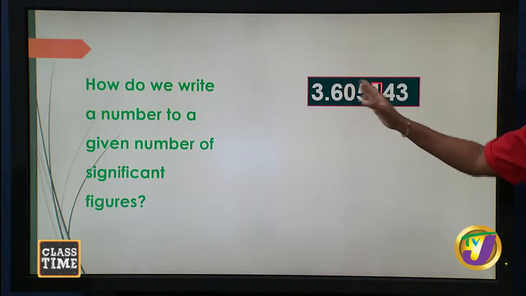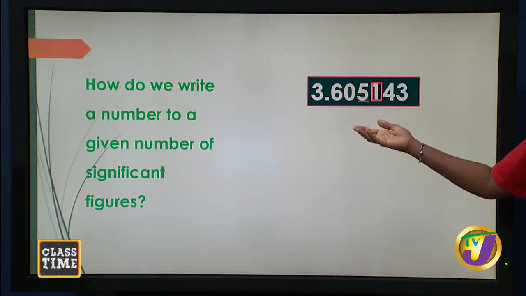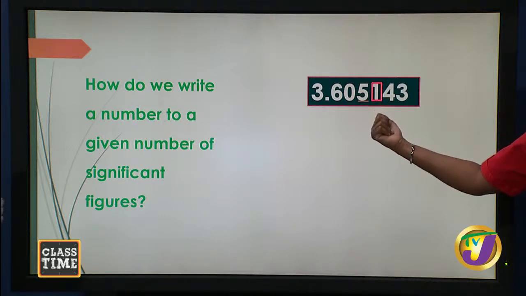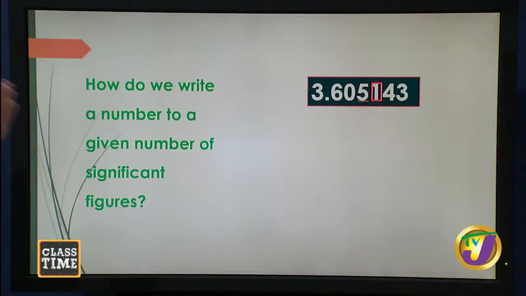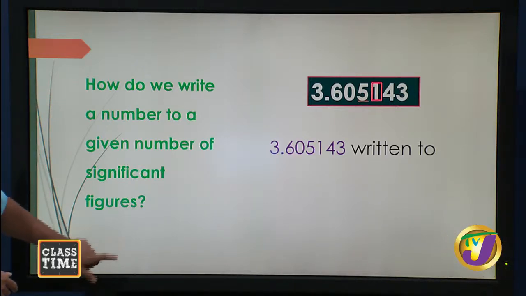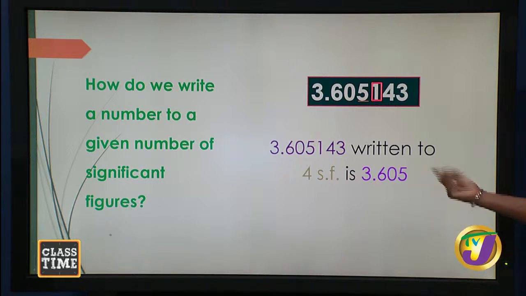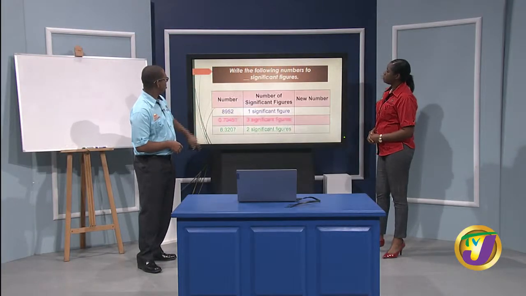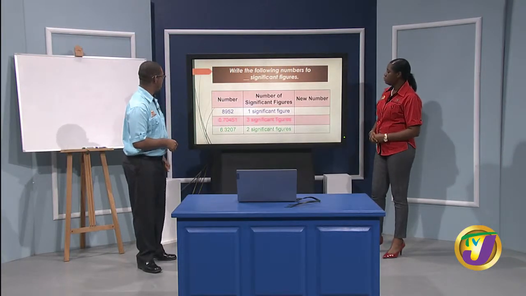Plus, it is between two non-zero digits. This 0 is significant, so we would count it as part of the significant figures. If we took out that 0, it would change the value of the whole number, the 5 in particular, that is after it. So to four significant figures, that would be 3.605. Good.